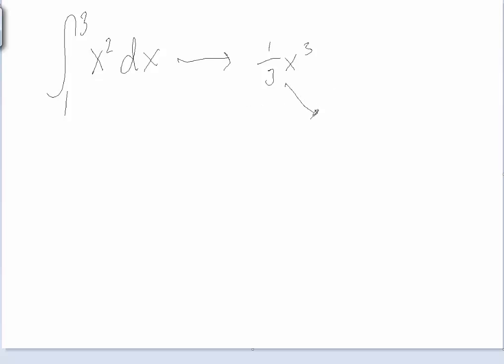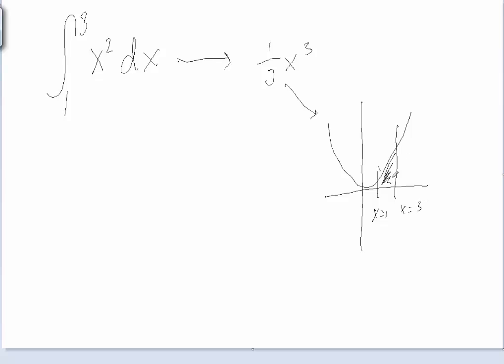Given this, we've got the graph of x squared, and what we're looking at is finding the area under the curve, and we're looking specifically between the points where x equals 1 and x equals 3.